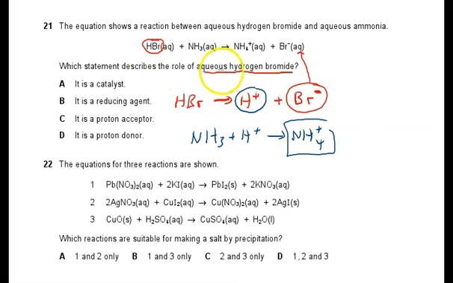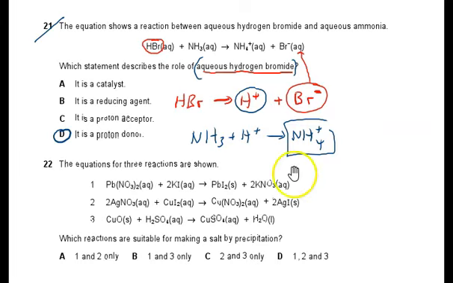So they are asking the role of aqueous hydrogen bromide. This one will be the proton donor. Proton donor is always the acid. However, the base is the proton acceptor. So 21 is D here.